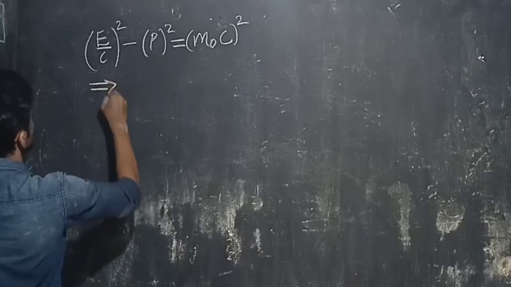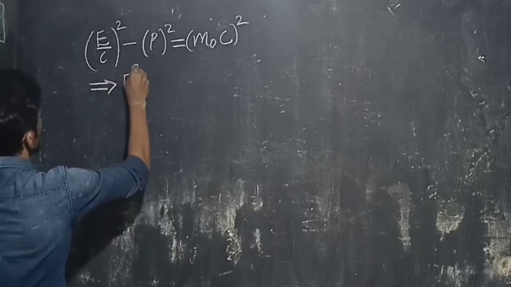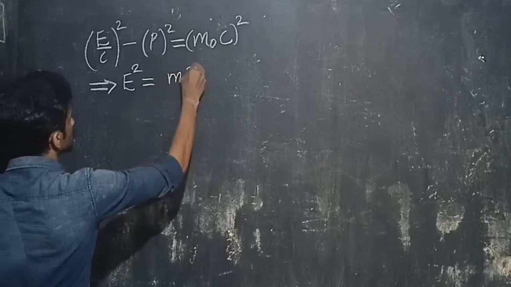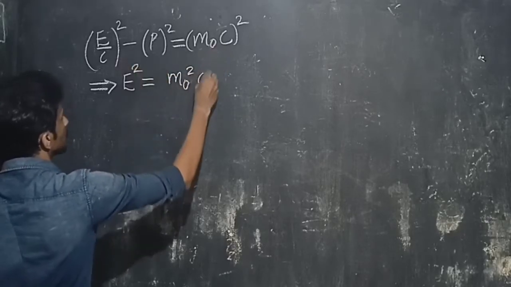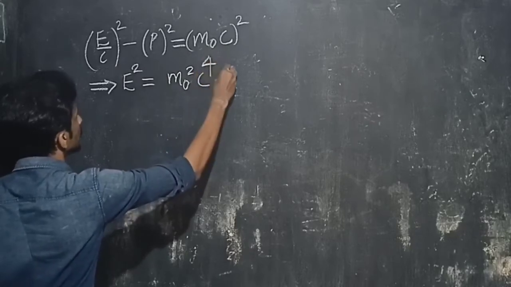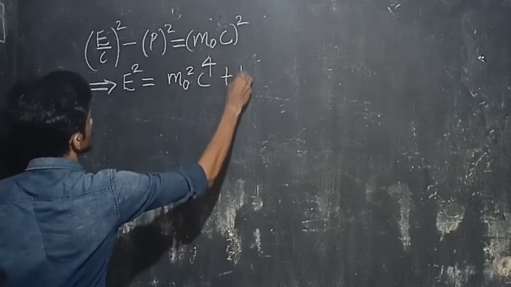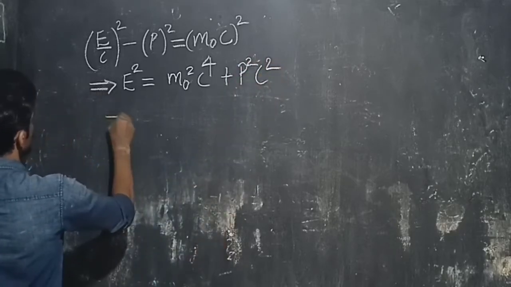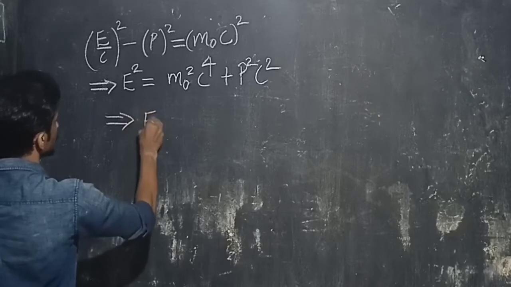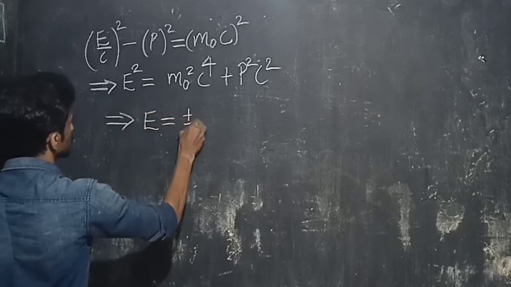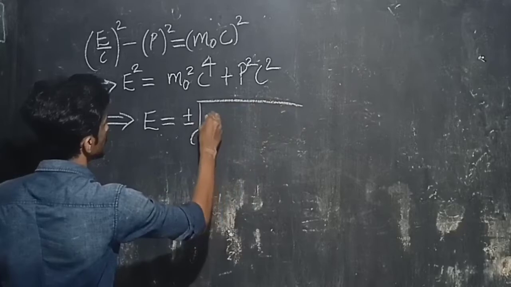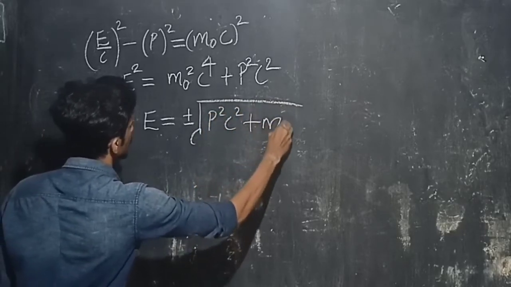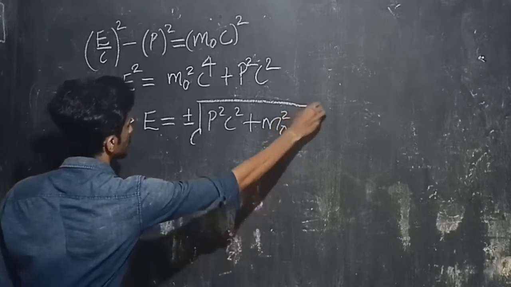This gives E square is equal to m naught square C to the power 4 plus P square C square, and this implies E is equal to plus or minus root of P square C square plus m naught square C to the power 4.